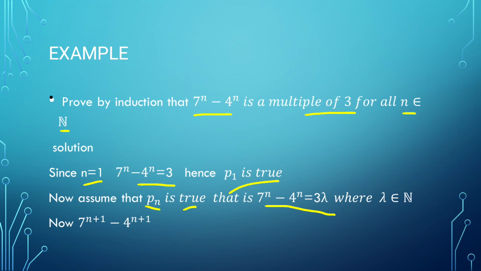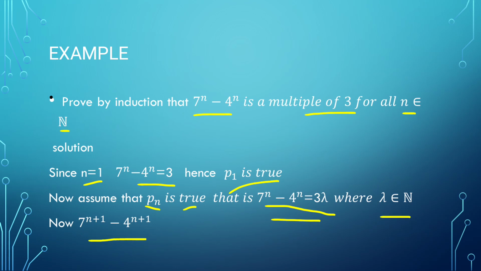So now, assuming that that's a multiple of 3, since lambda is also a member of the natural set, now we'll look at n plus 1.